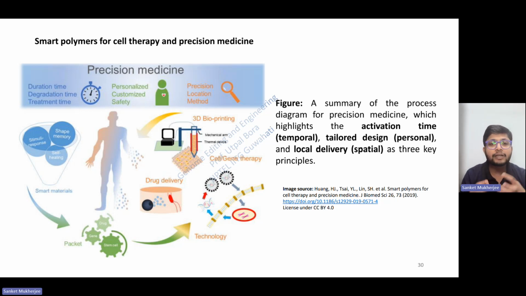Smart materials are called smart because they either have shape memory, or they are self-healing, or they can respond to certain stimuli. Like there are certain nanomaterials that release drugs only on photothermal activation.